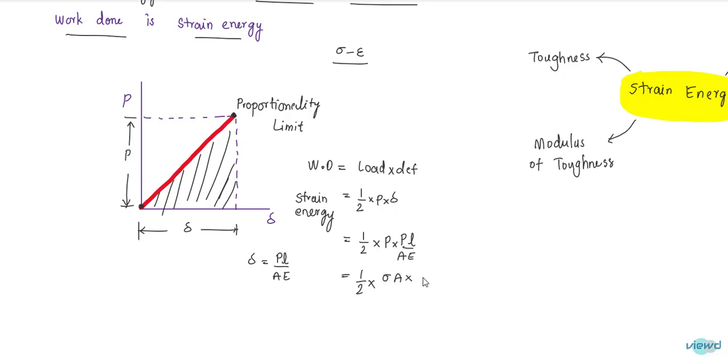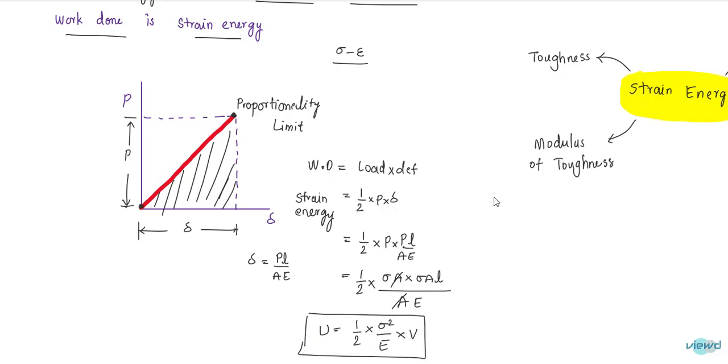So half into sigma into A into L divided by area into Young's modulus. So area gets cancelled. Finally, strain energy is represented with U. U is equal to half into sigma square by E into area into length. This gives us the volume. So this is the formula for strain energy.